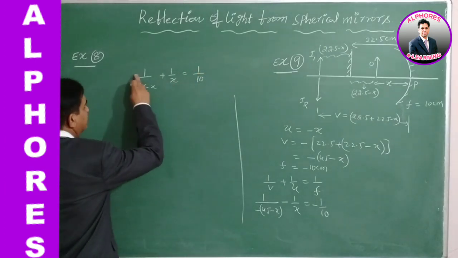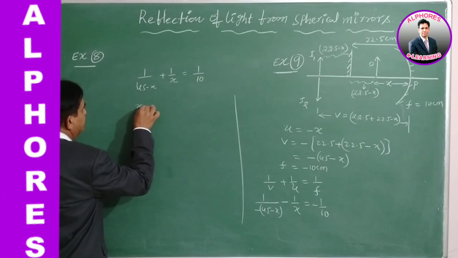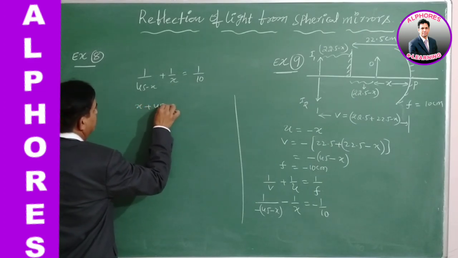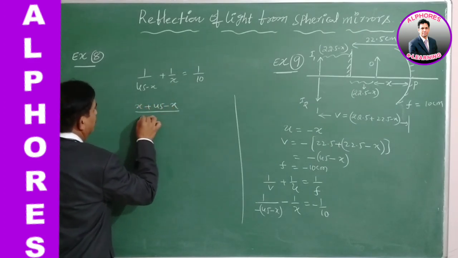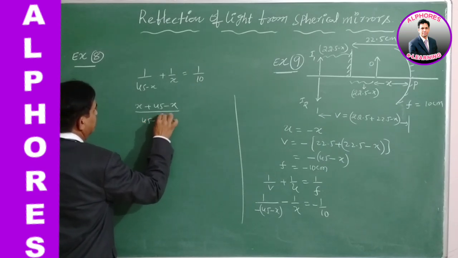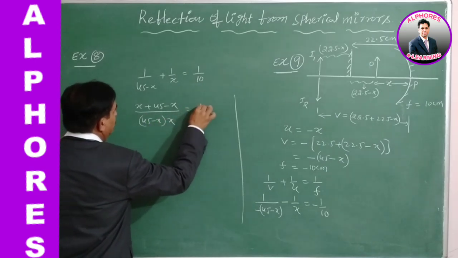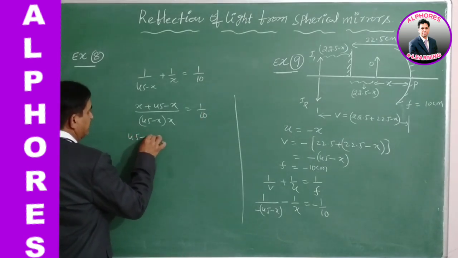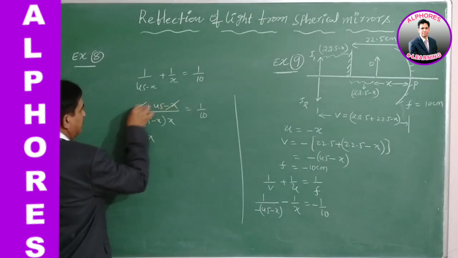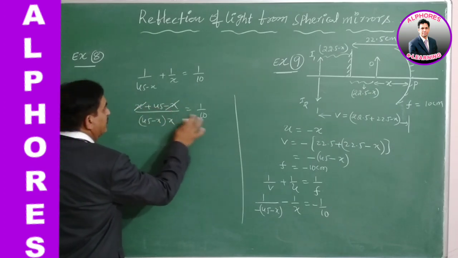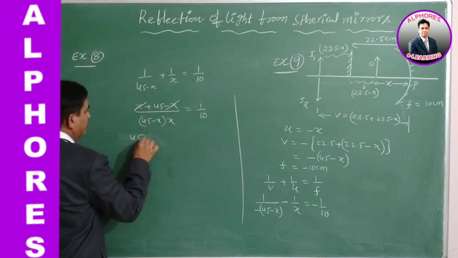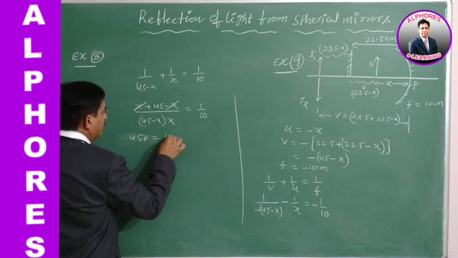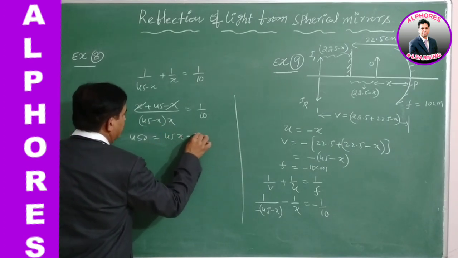And simplifying this, taking LCM, (x plus 45 minus x) by (45 minus x) into x is equal to 1 by 10. Okay, so the x and minus x cancel. Here 45 into 10, 450, is equal to 45x minus x square.